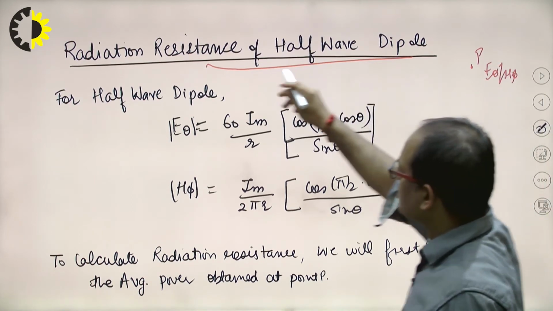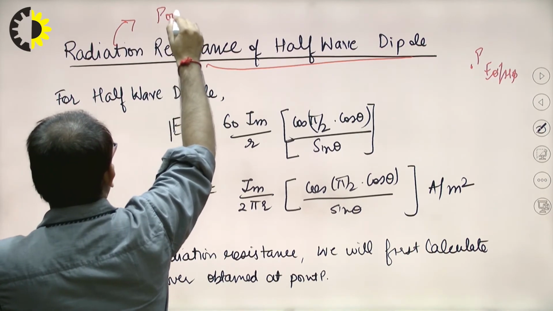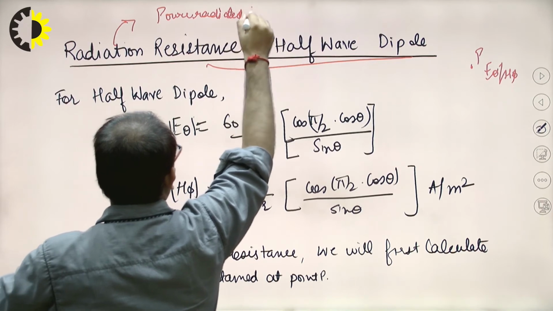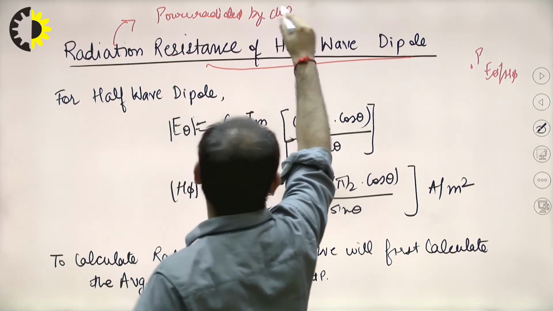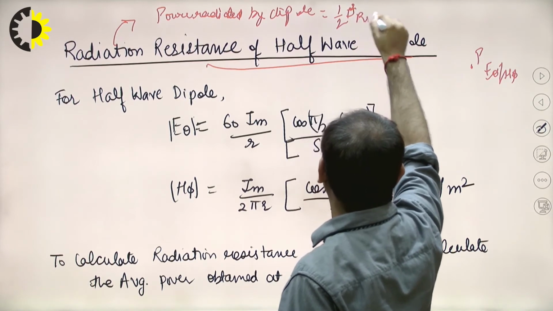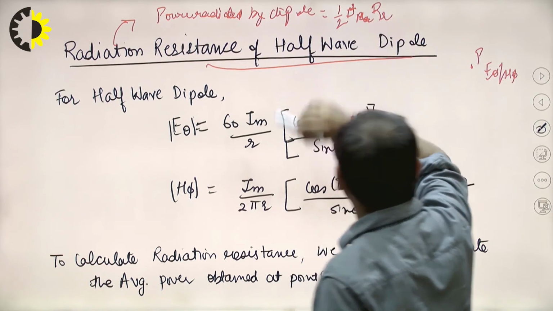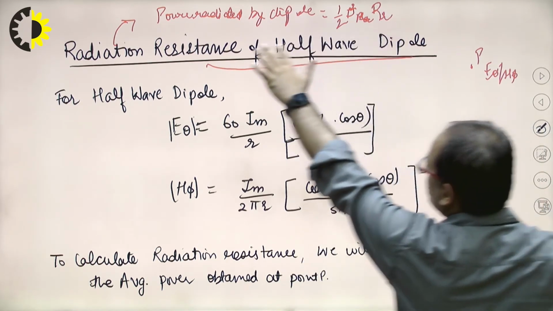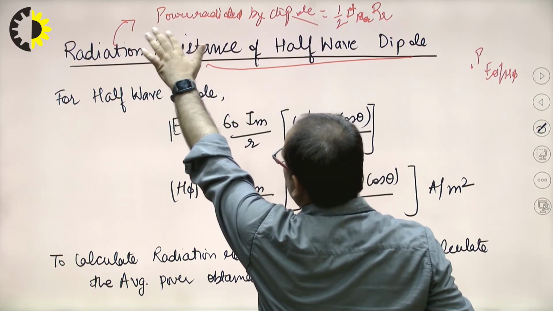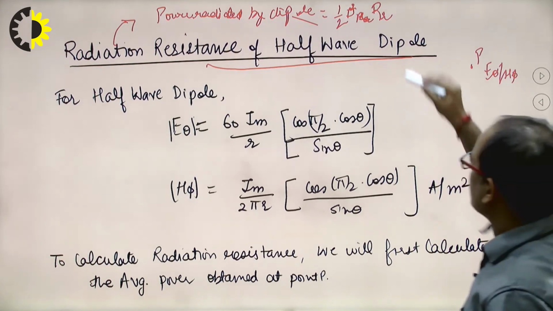For calculating the radiation resistance, we should know that the power radiated by the dipole will be equal to what? 1 by 2 I square r, I square r. Now see, this one is Rr. If I derive the power radiated by the dipole, then I can calculate the Rr.